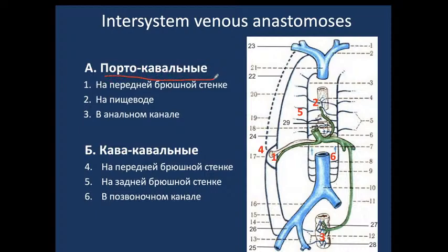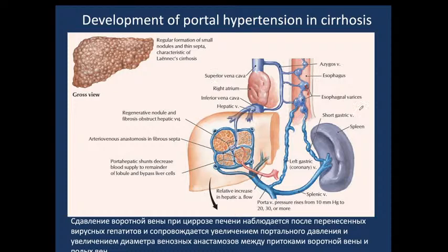Sorry, this is a Russian name, and this anastomosis is sometimes located in the esophagus, and when the portal system is stopped by cirrhosis, like when a pathological process stops or decreases blood flow in the portal system, the anastomosis opens and forms these varicose esophageal veins.